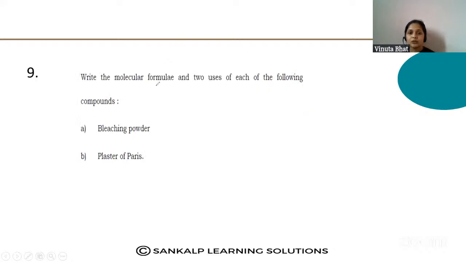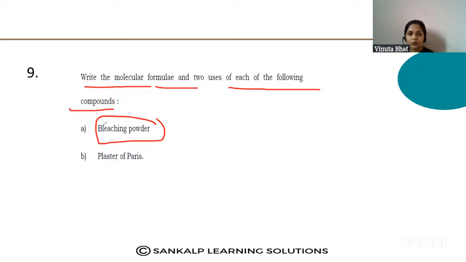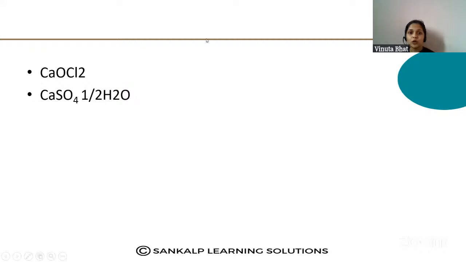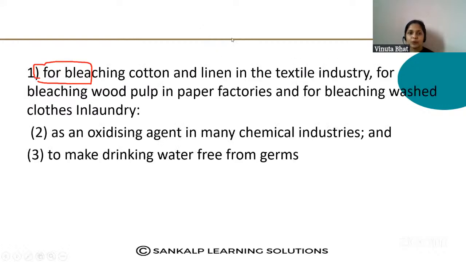Write the molecular formula and 2 uses of each of the following compounds: bleaching powder and plaster of Paris. The formula of bleaching powder is calcium oxychloride, CaOCl2. Then what are the uses of bleaching powder?